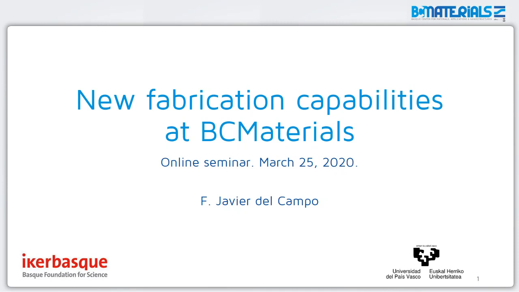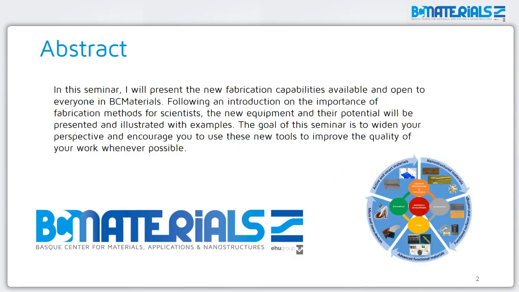As you may know, I joined BCMaterials at the end of November last year, and since then, what I've been doing up until now is trying to build new capacities for our institute in the area of applications, for the line of micro and nano devices.